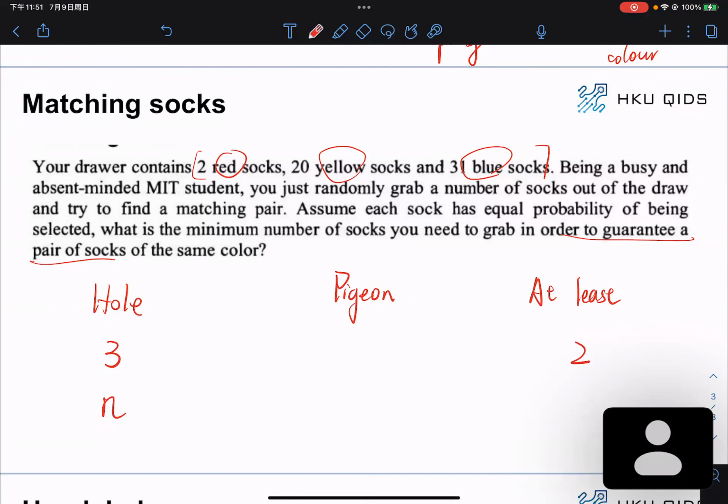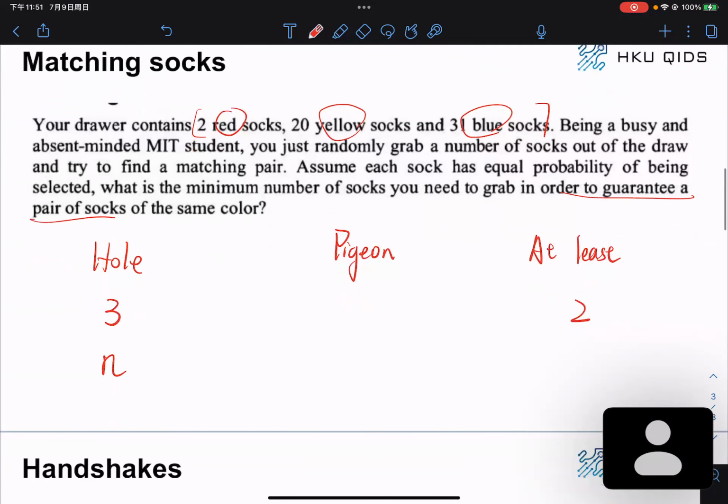At least two are going to be the same color. So we know n and we know m plus 1. And now we are going to solve what? mn plus 1, right? So we can derive here m equals 1 and n equals 3. So this is going to be 4.